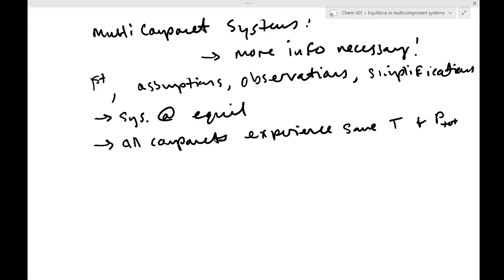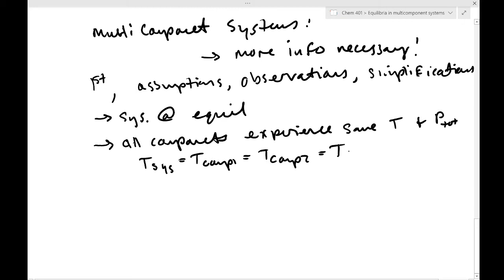That means that T sys is equal to T component 1 is equal to T component 2 is equal to T component 3, and so on.